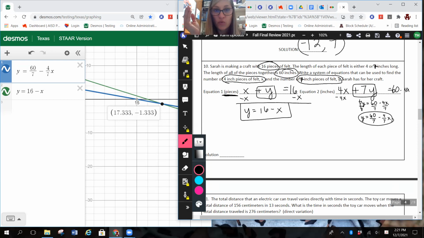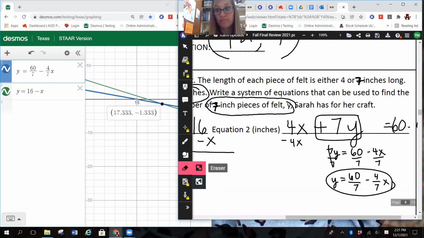Well, we know this is not realistic. This doesn't make sense. So I know there's a problem with this question because it doesn't make sense. You can't have a negative piece of felt. So what happens if maybe it is supposed to be a 3?